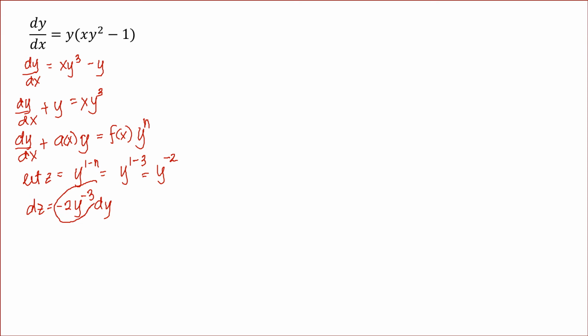Remember, take this value and multiply it on both sides.